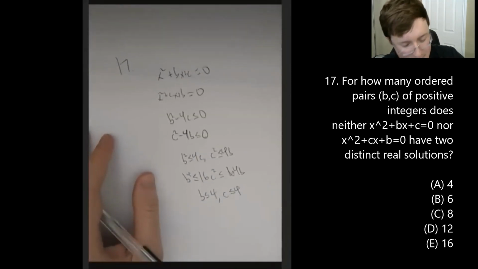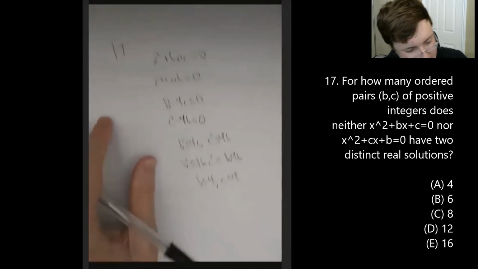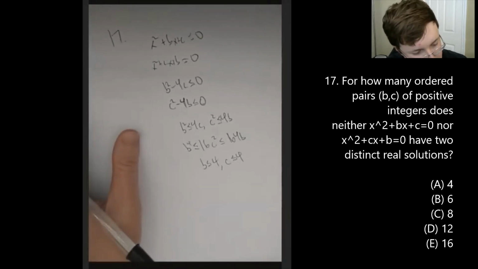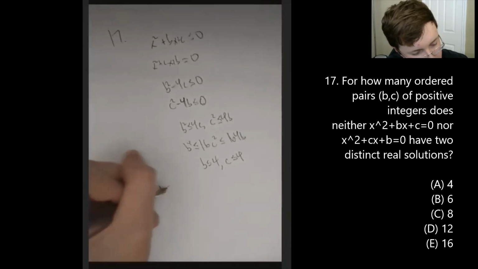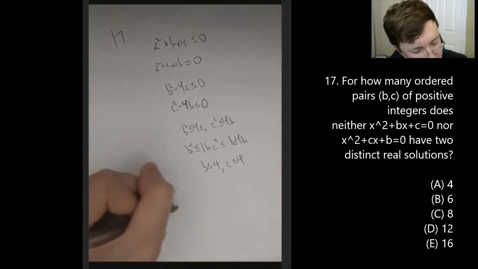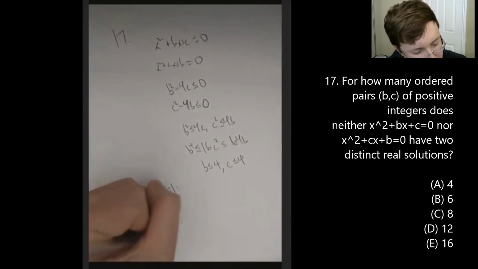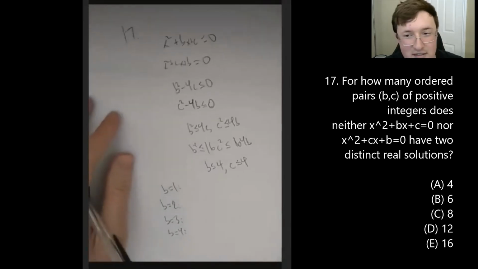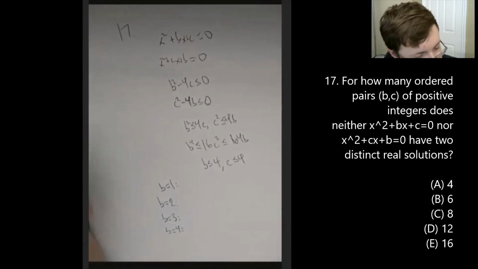Okay, I guess I just plug these in now. Okay, so if b is 1, then c squared minus 4 is at most, oh, okay, 2, 3, 4. Okay, so b equals 1.